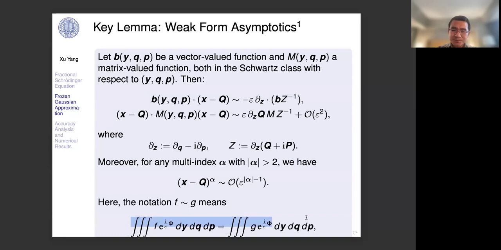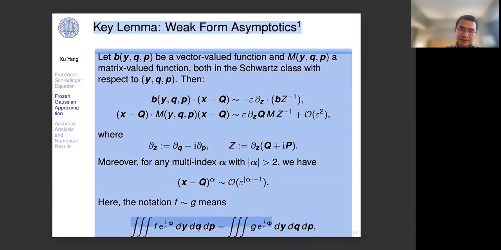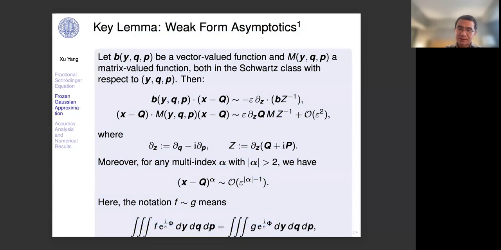Each wave packet is not an asymptotic solution to the Schrödinger equation, but the summation of the wave packets together. So you integrate with q, integrate with p, will be the asymptotic solution to the Schrödinger equation.